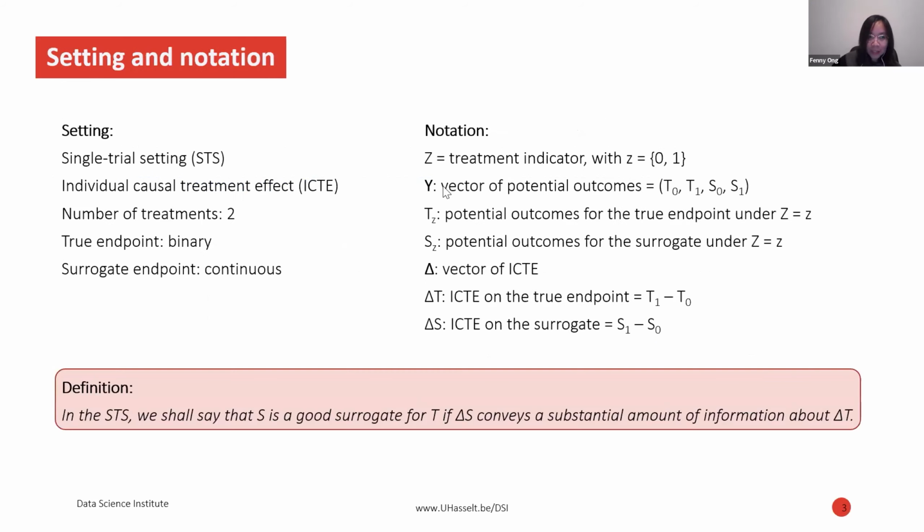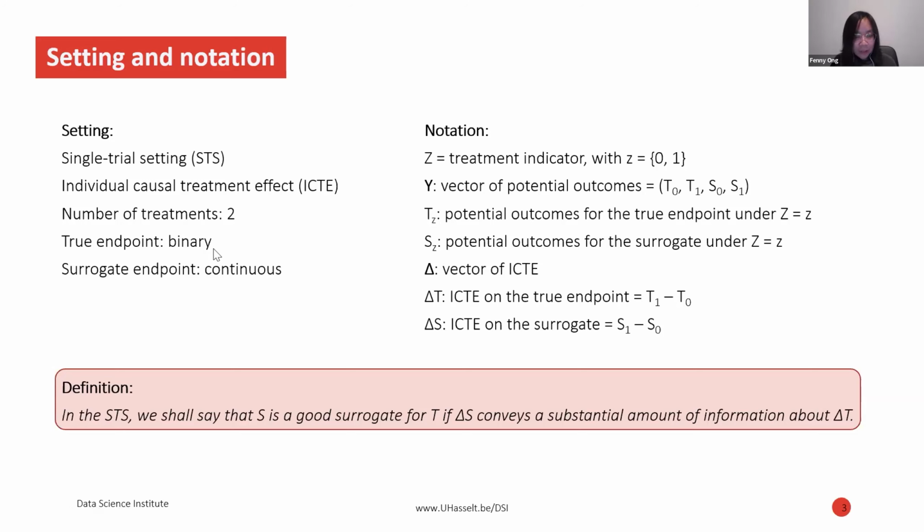So to set the scene, our method was developed in the context of a single trial setting, and the focus of interest will be on the individual causal treatment effects. We also assume that there are 2 treatments compared in the trial, and in particular, we are developing the method in the setting where the true endpoint is binary and the surrogate endpoint is a continuous outcome.